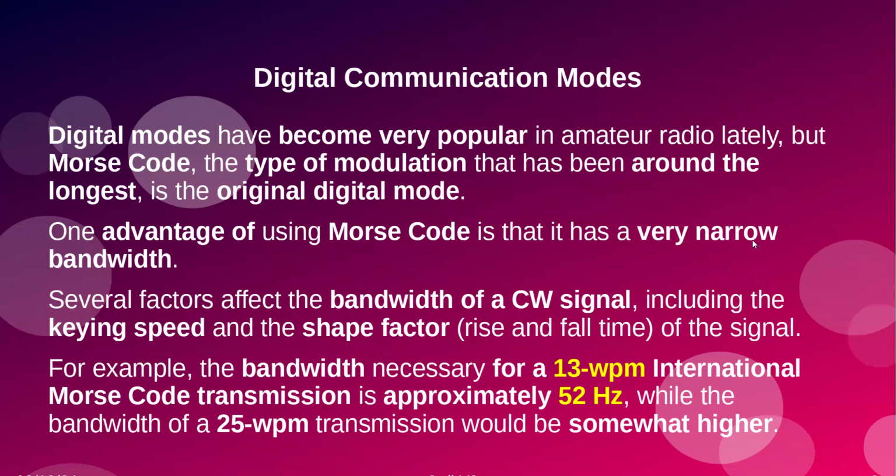So in the case of the CW signal, the bandwidth is kind of a function of the keying speed and the shape factor, the rise and fall times of the signal, and we'll talk about that in a little bit.